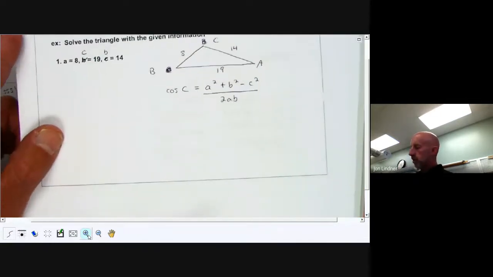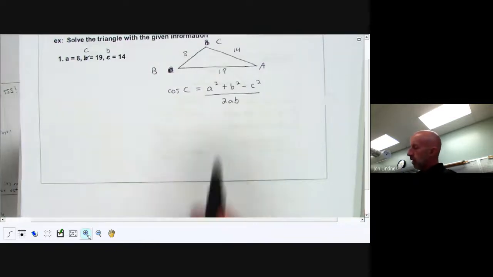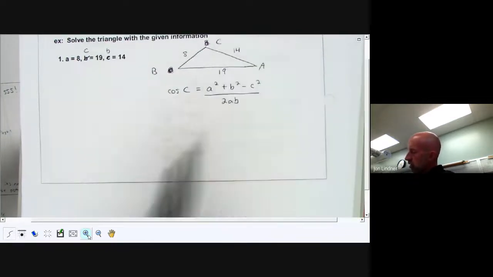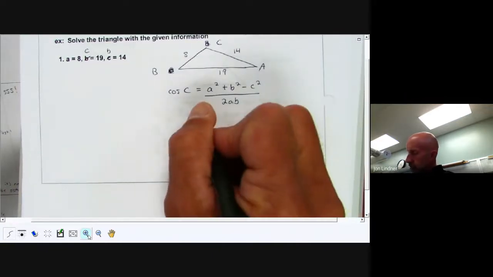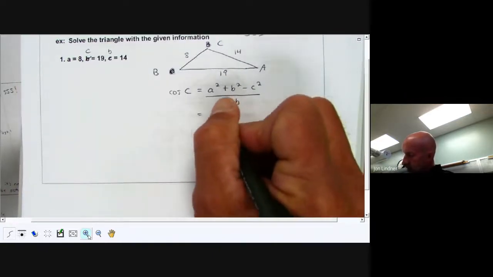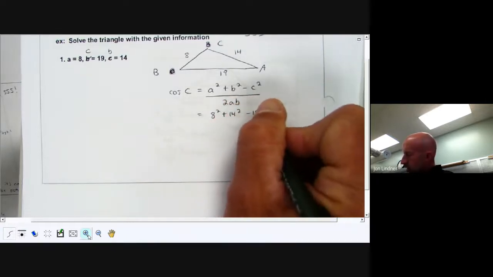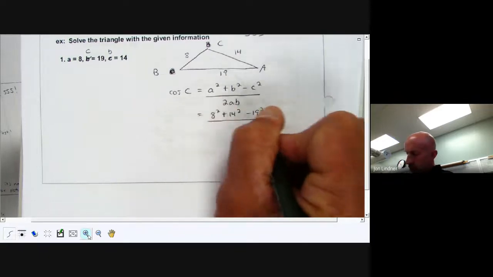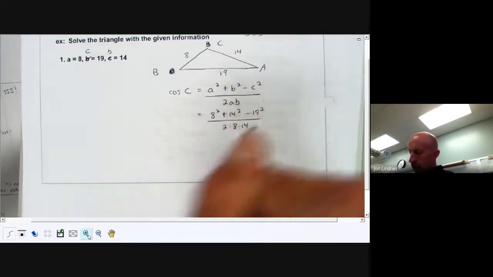All right, there's the law of cosines formula. And we just plug in our numbers. We have side, side, side. So I've got all of these pieces of information. So I'm going to have 8 squared plus 14 squared minus 19 squared all over 2 times 8 times 14.